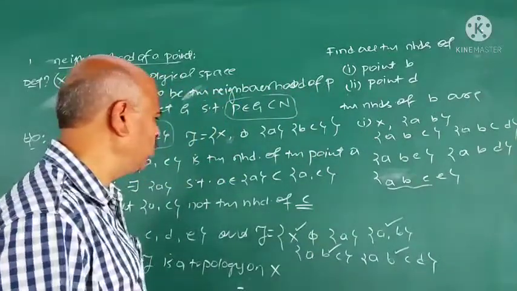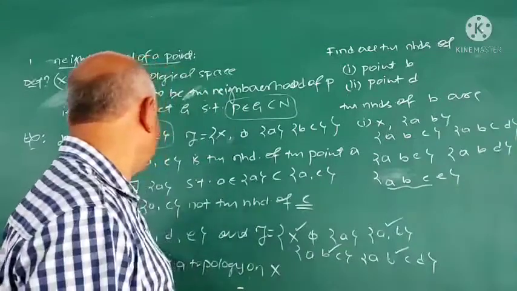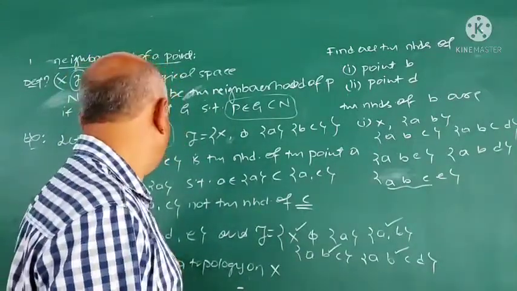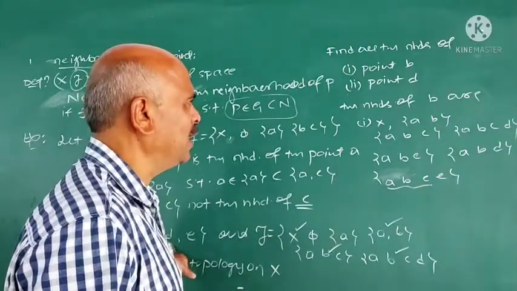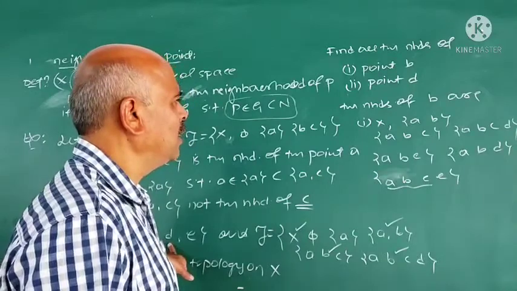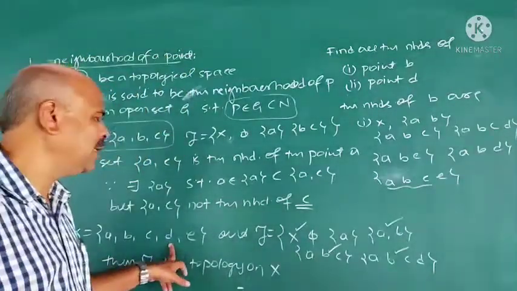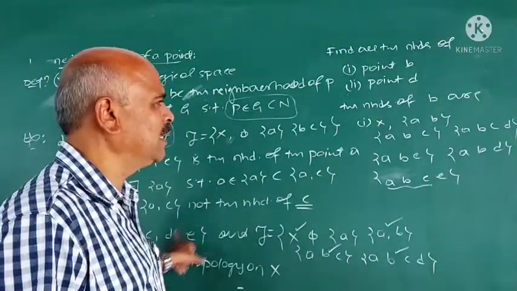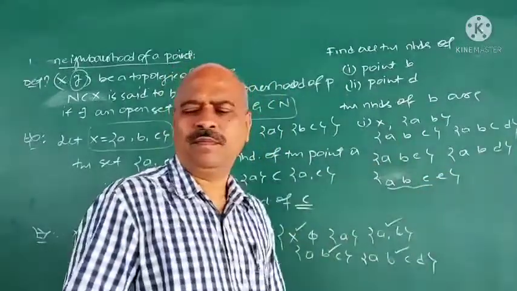Try this, any more subset you can form here, because X is ABCD. BDE, it is not, BD is a subset of X which contains B, but you cannot find an open set which contains B and is contained in BD. I think these are the neighborhoods of the point B.